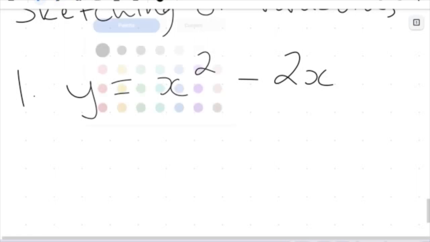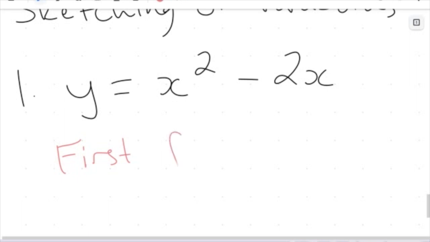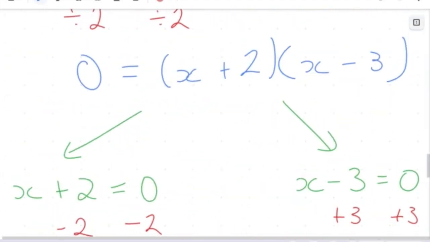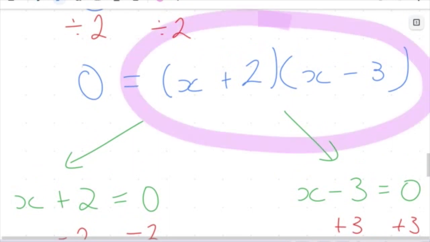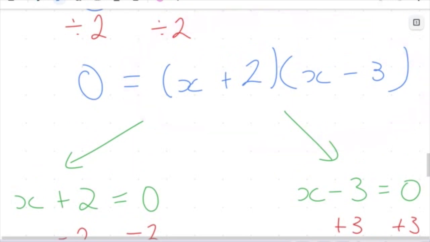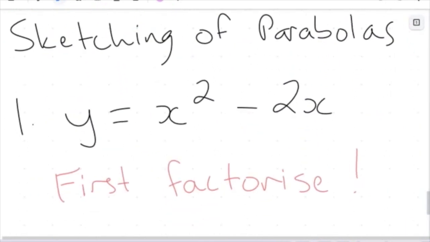So we want to first factorize. The first step is always going to be to factorize these quadratic equations, because we want them in a product form, sort of like up here.